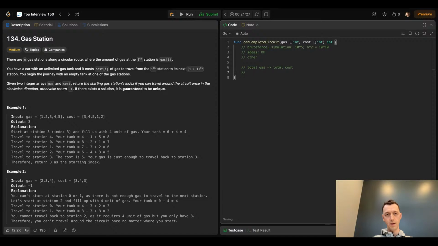Overall you will spend not more than you will get. So let's assume that works. Then we need to see how we find that one.